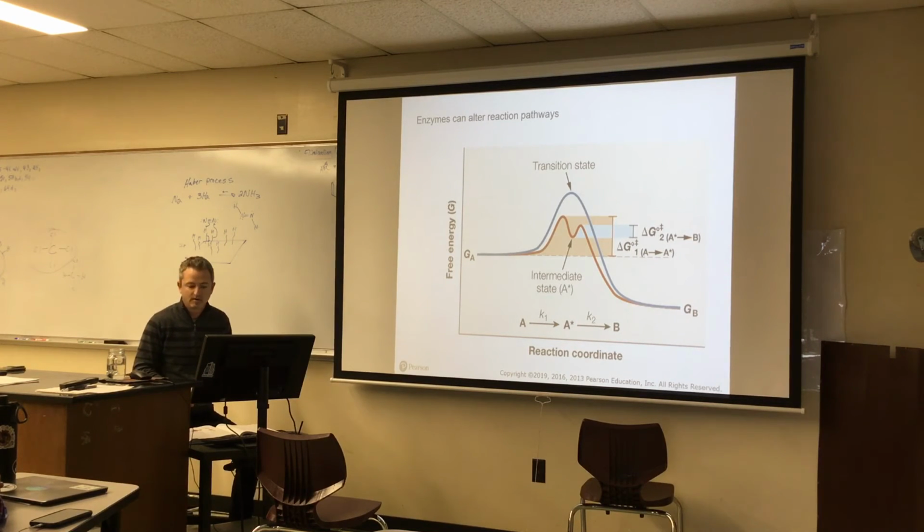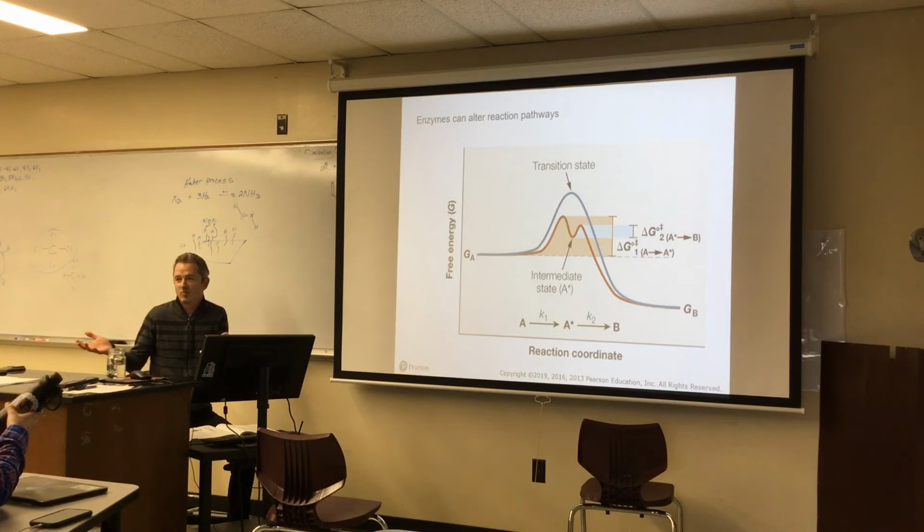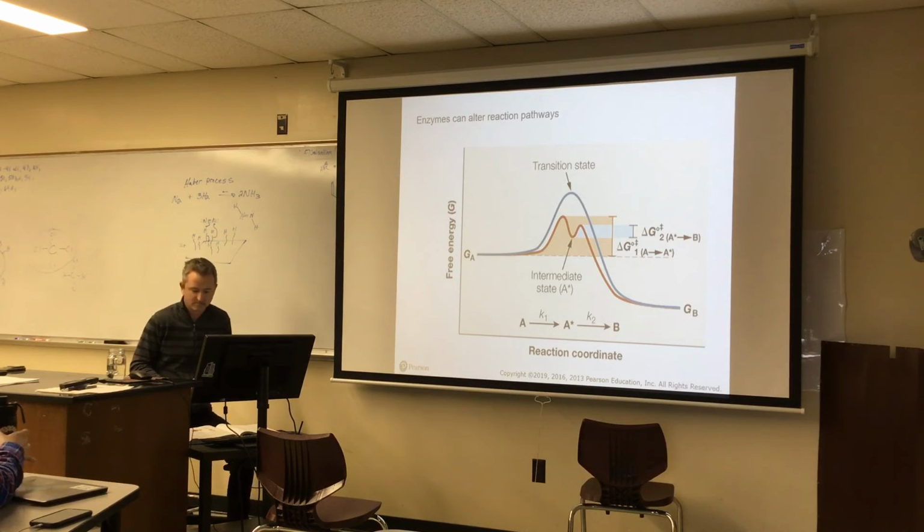Okay? And I don't know how often this happens. I think it just depends on the system. I mean, we have so many enzymes, we don't know what they all do, right? We haven't even discovered all of them.